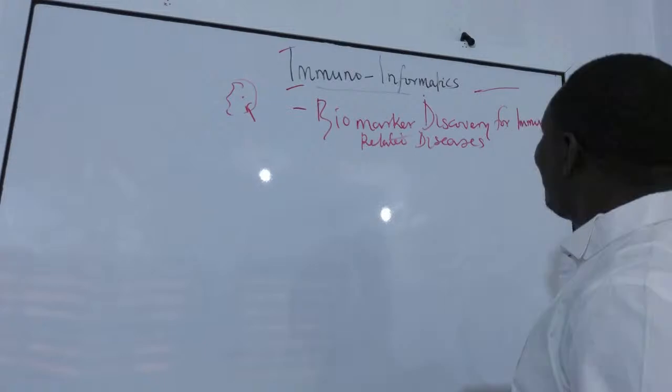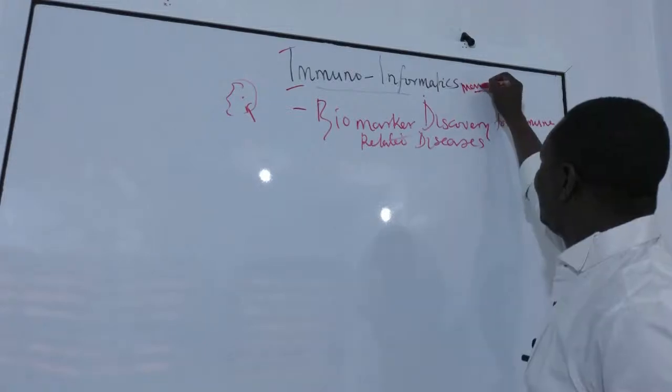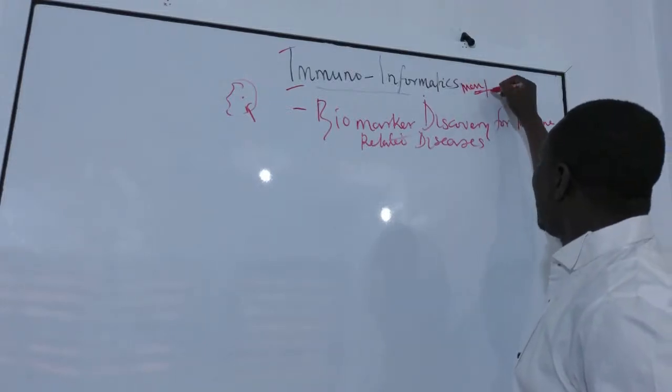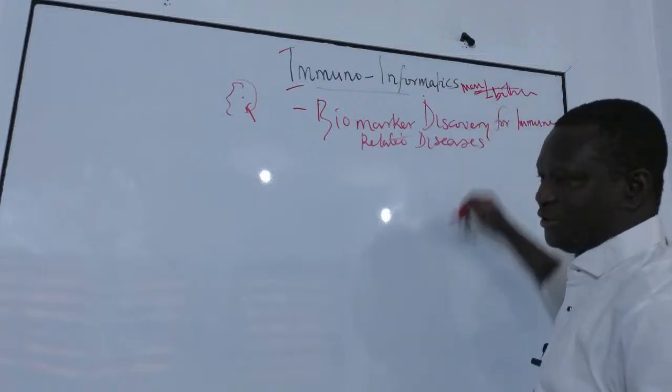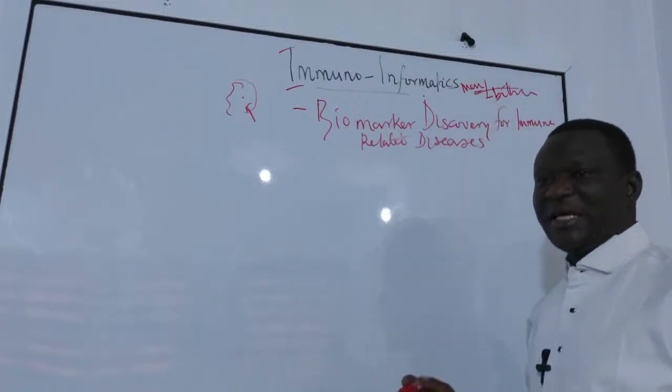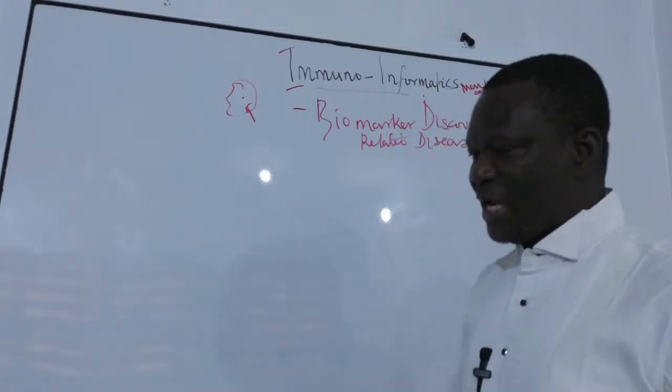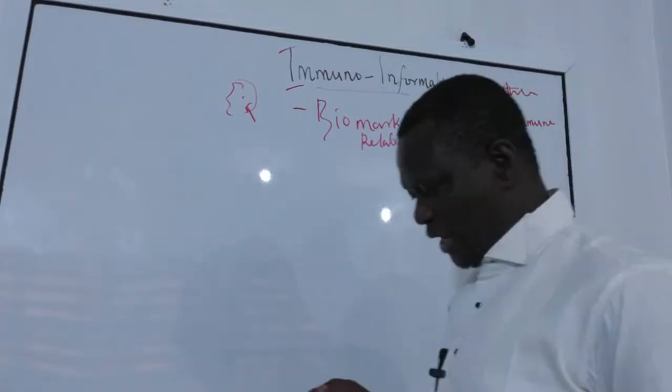So that means in human beings, for example, we have more than billions of cells that together make up the genome.